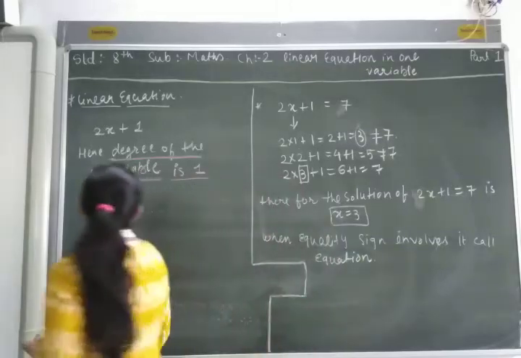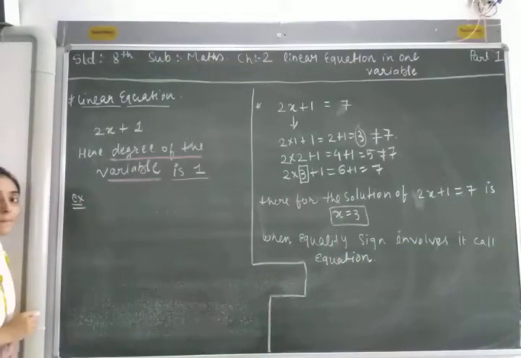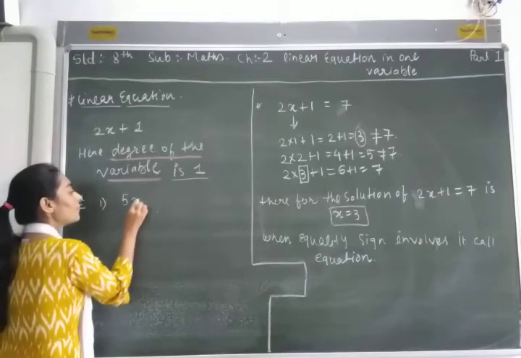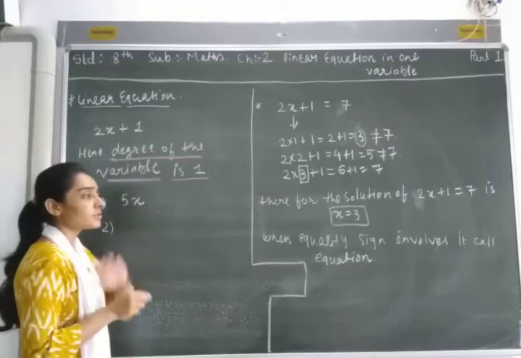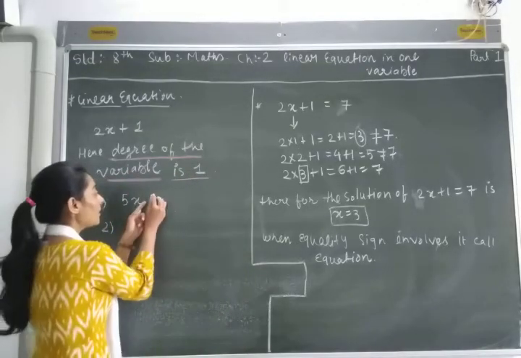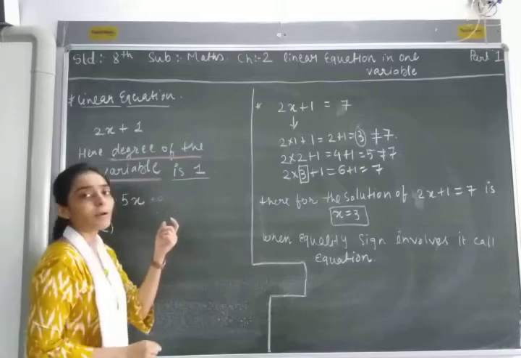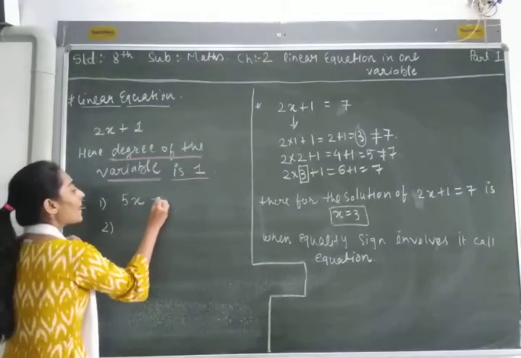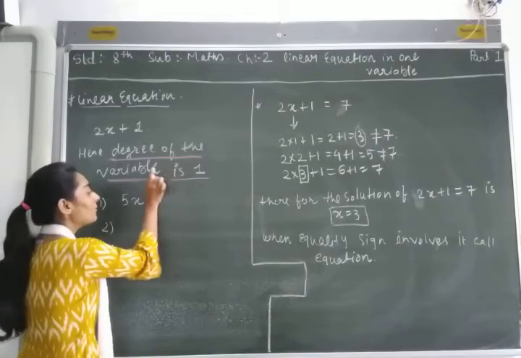Let's see more examples. Say 5x. Here the constant is not given, because you can write plus 0 or minus 0, and it does not make any difference.